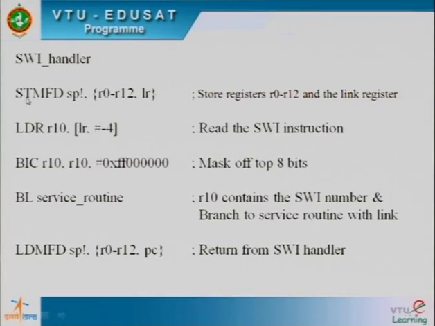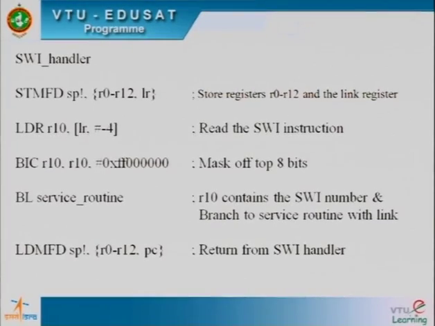The first thing that happens is STMFD SP!, {R0-R12, LR}. What is the meaning of this? Store the register contents R0 to R12 and the link register onto the stack. So it will store these register values onto the stack.